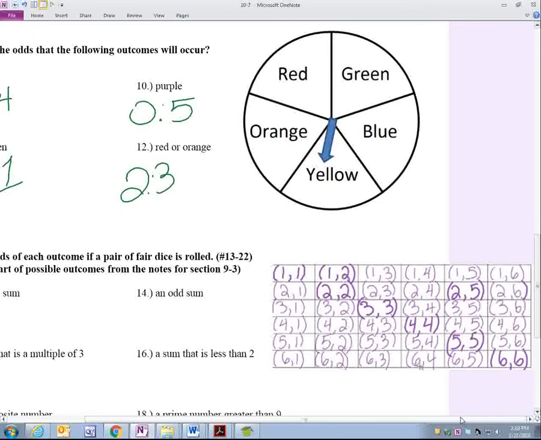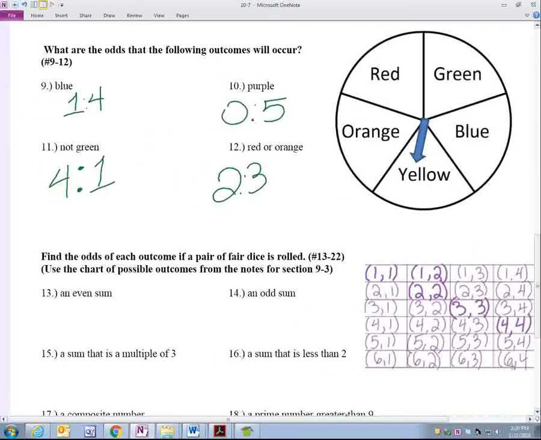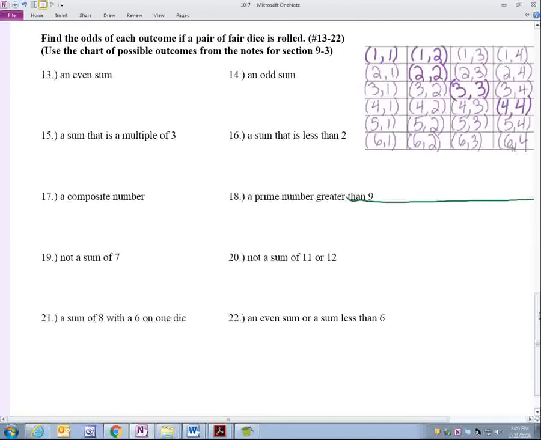The reason why you're getting out 9-3 is because of this guy that we did. It was the chances of rolling 2 die. It says, find the odds of each outcome if a pair of fair dice is rolled.